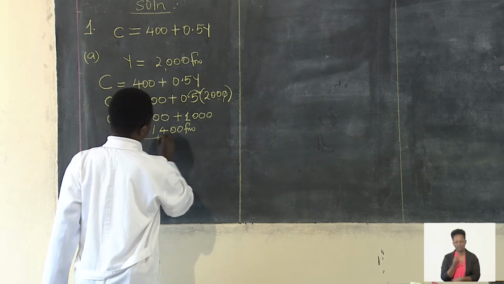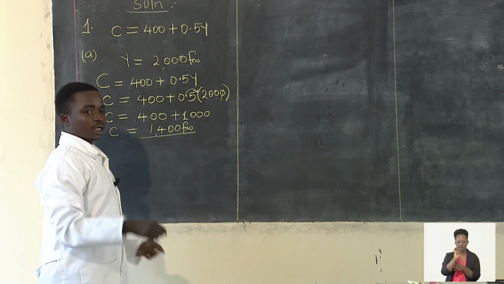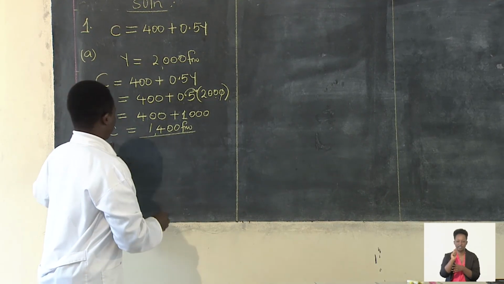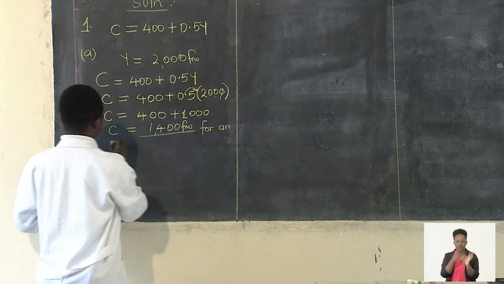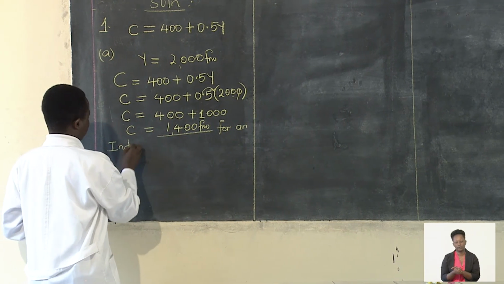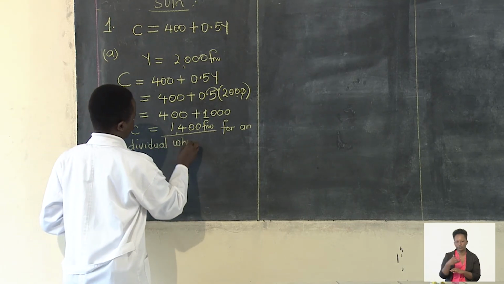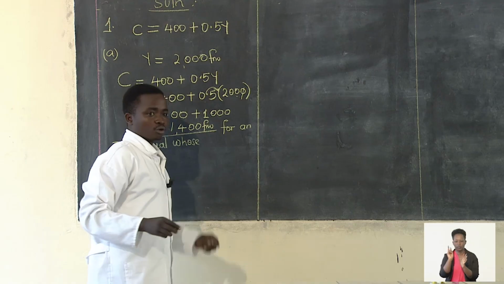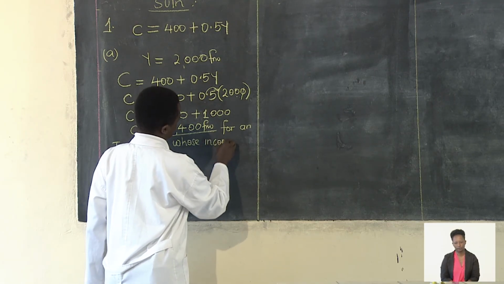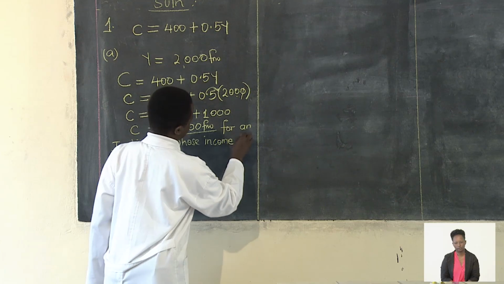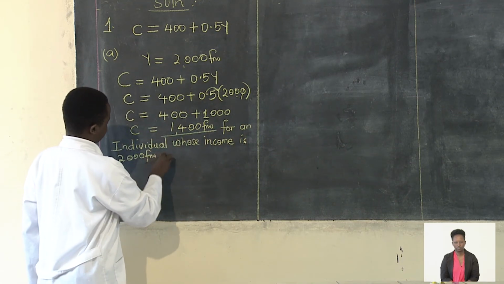So this will be the consumption expenditure for an individual whose disposable income is 2,000 Rwandan francs. So that is part A.